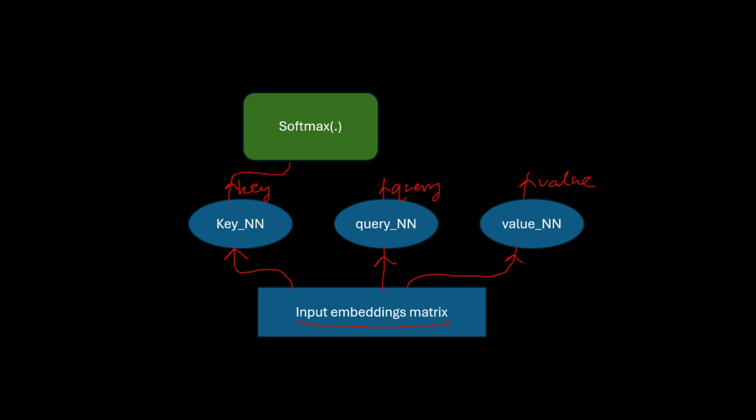Then the keys and the query matrices were put into a softmax function, and the output of the softmax was then multiplied with the value. And remember, this is matrix multiplication. This is not an element-wise multiplication. The output of the softmax was matrix multiplied with value to give us the final output.